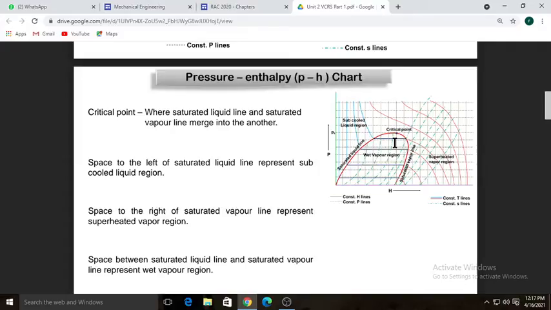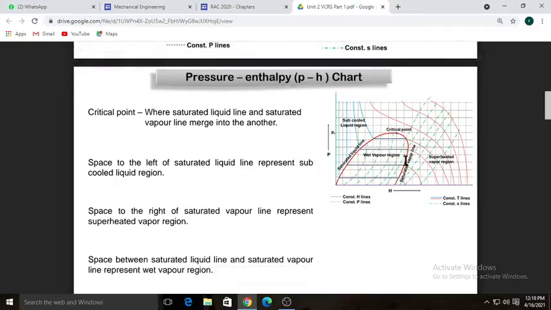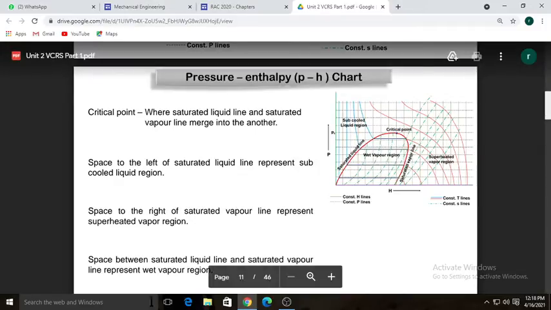You may also call it the point at which all three phases, solid, liquid and gas, coexist with each other. We already showed that this is the subcooled region on the left side. On the right side we have the superheated region, and between the saturated vapor line and liquid line we have the wet vapor region.